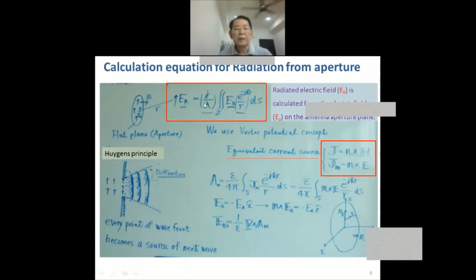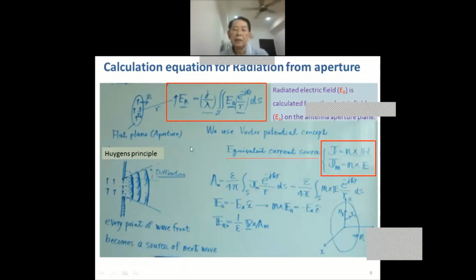ER is the radiating electric field, and EA is the electric field on the aperture. This corresponds to each point, and ER is the far, very far point electric field. That can be calculated by this equation. So we can go based on this equation.